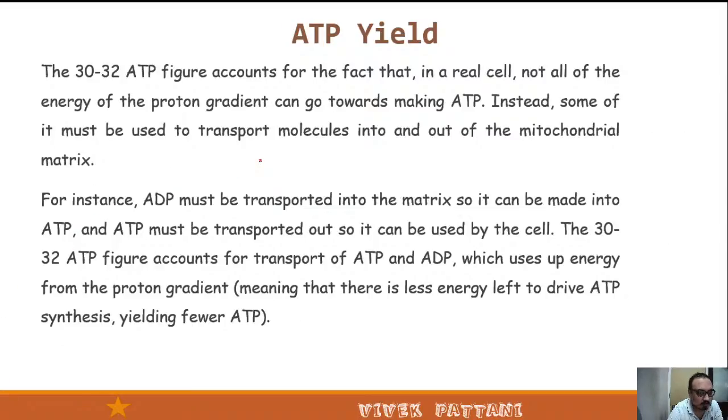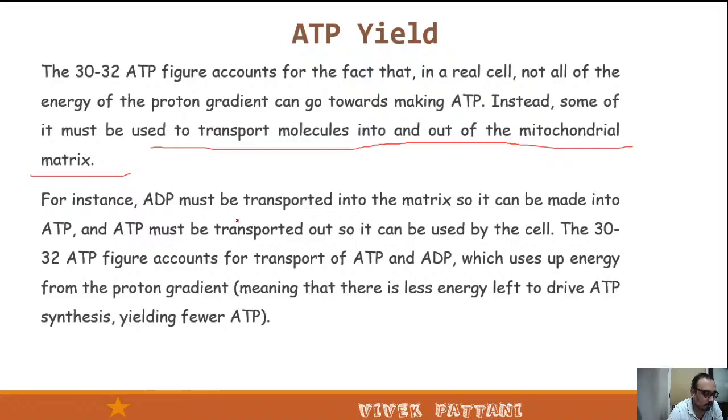Some of that energy must be used to transport molecules into and out of the mitochondrial matrix, which is not present in prokaryotes, so they are more energy sufficient as compared to eukaryotic cells, because there are no such transports in prokaryotes, as no mitochondrial membrane is present in them.